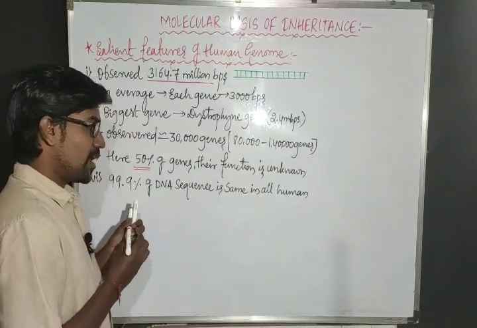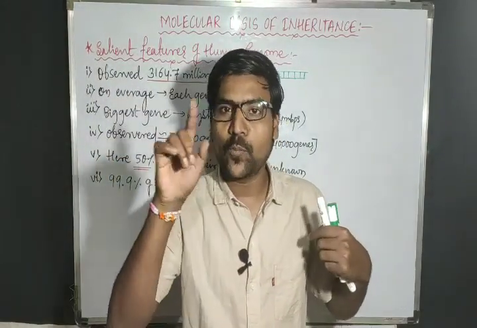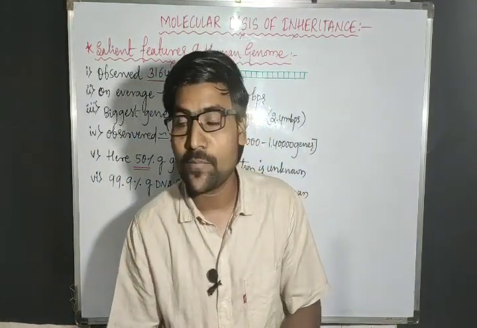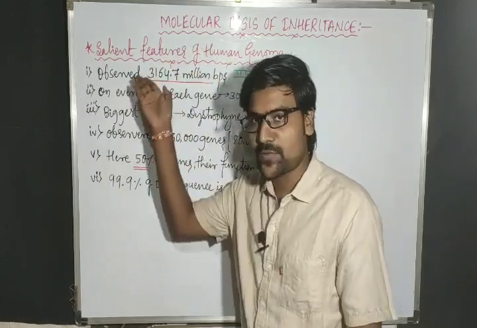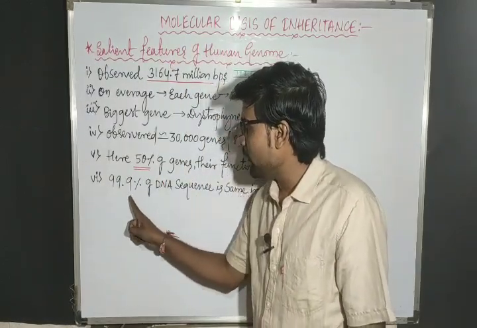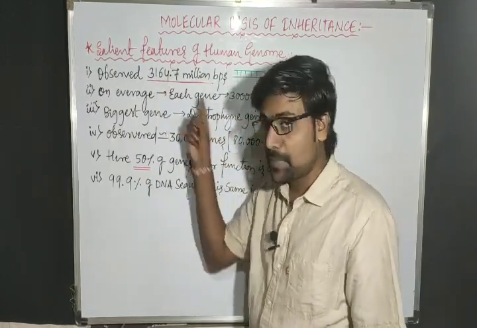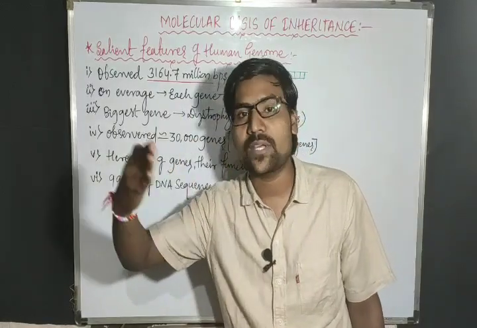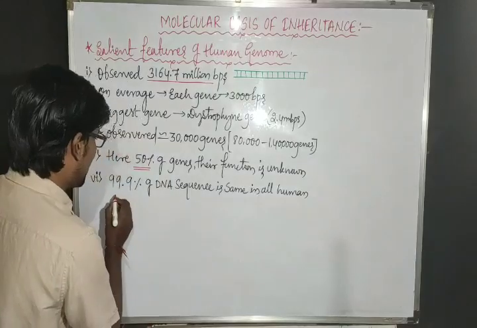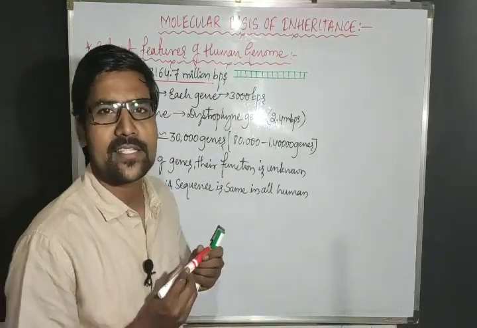See here, what is the total length of the DNA that we have? 2.2 meter DNA, nearly 3 billion base pairs. Out of all the base pairs, 99.9% of the DNA sequence, that means the order of these base pairs, is the same in all human beings. So this is a very interesting one.